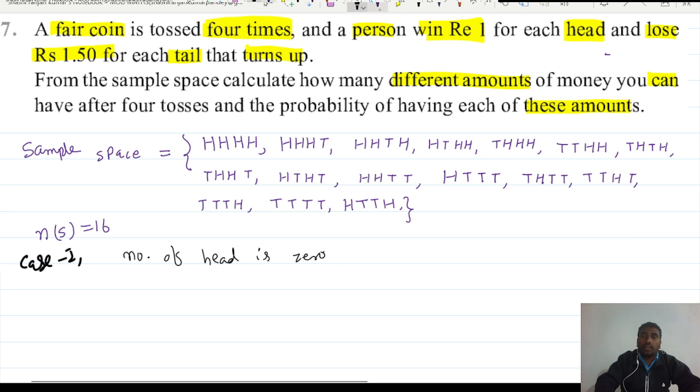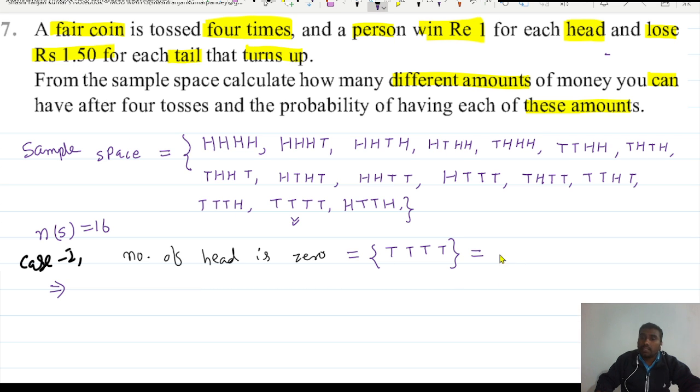So what will be there in this case? If no head is there, no head is coming, so the number of heads is 0, right? So here the situation will be of this one only. It means all the things are T, T, T, T. And in this case, actually, you have to give this much amount, means you are going to lose. Let us represent losing by minus.